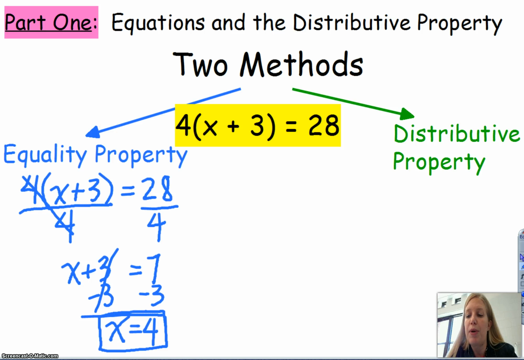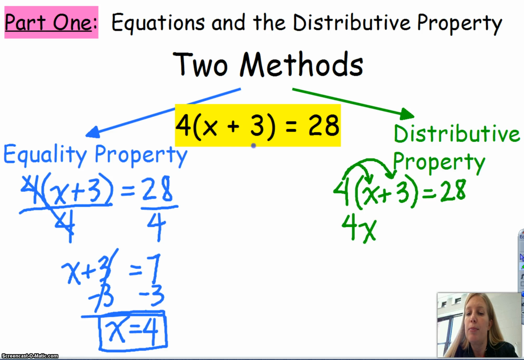The other way, which you're probably a little bit more familiar with, would be, oh, you see this, you want to distribute. So we're going to distribute the 4 to everything inside our parentheses. You get 4x plus 12 equals 28.